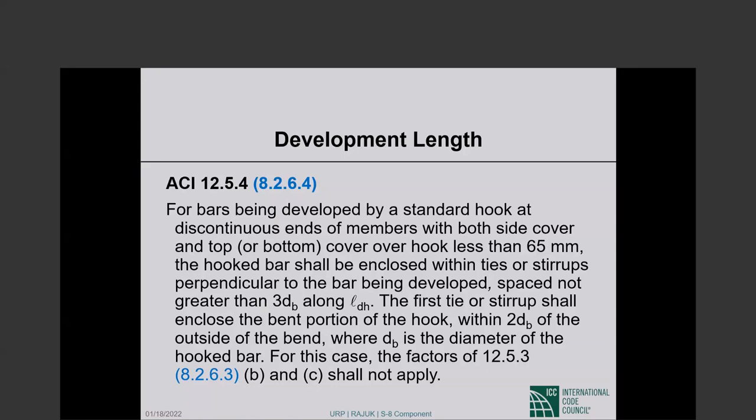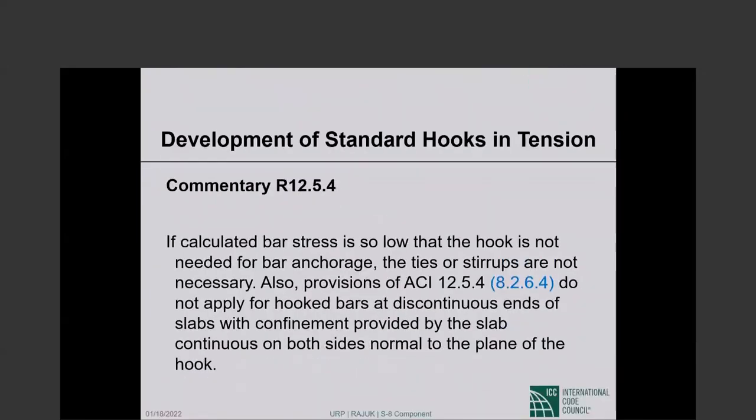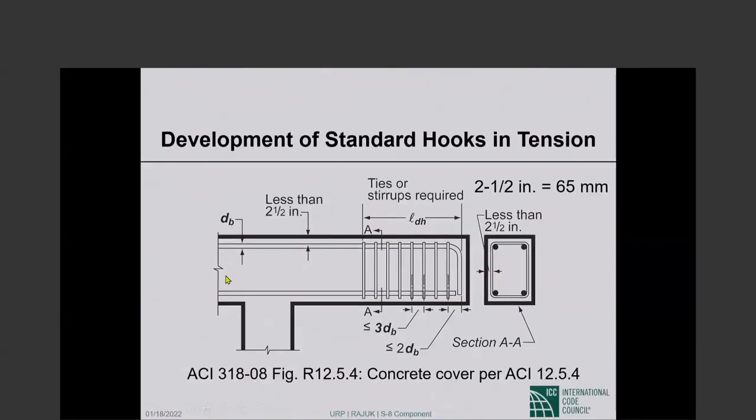The first tie or stirrup shall enclose the bent portion. Anyway, it describes in detail. So if you have, at the end of the beam, if you are developing the hooked bar, then you need this kind of transverse reinforcement.